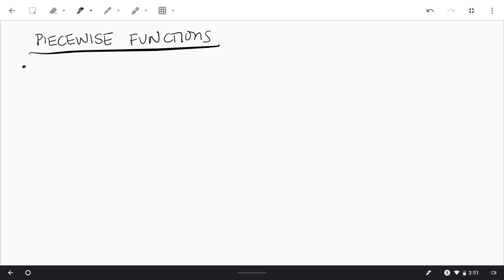Okay, so that's where piecewise functions come into play, because here you can define or you can model the behavior using more than one function. Okay, hence the name piecewise.